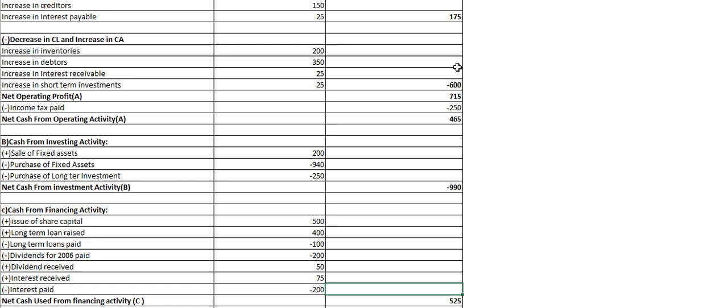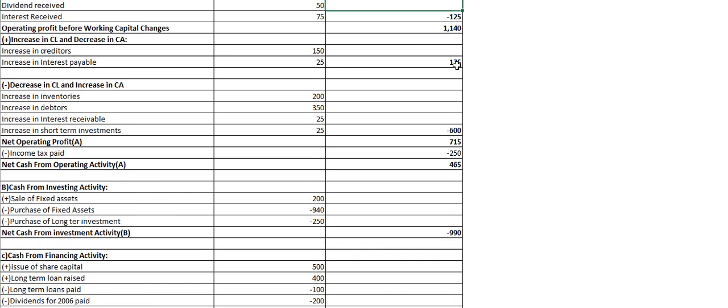So 1,140 plus 175 minus 600, you get 750, which is net operating profit, minus your income tax paid for the current year, which is 250. So you get your net cash from operating activity as 465.